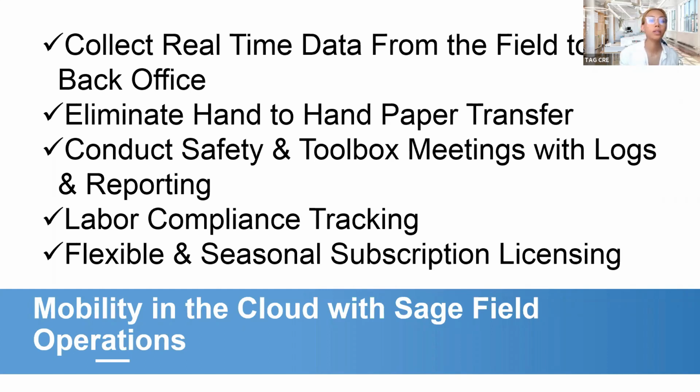So with this solution, you can conduct safety meetings and toolbox talks. You'll be able to have a log of all of that reporting available again in one central place. This is super important for labor compliance.